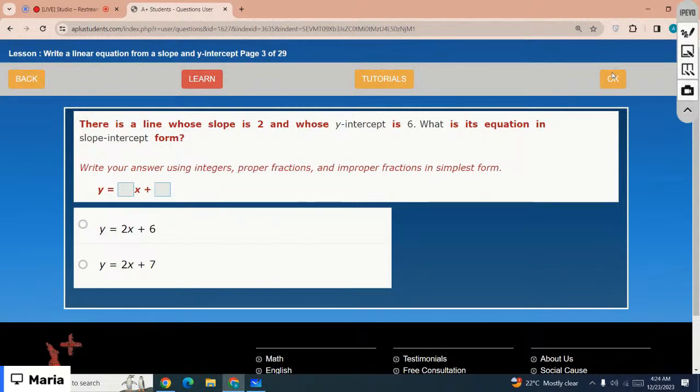There is a line whose slope is 2 and whose y-intercept is 6. What is its equation in slope intercept form? So which is the correct option?